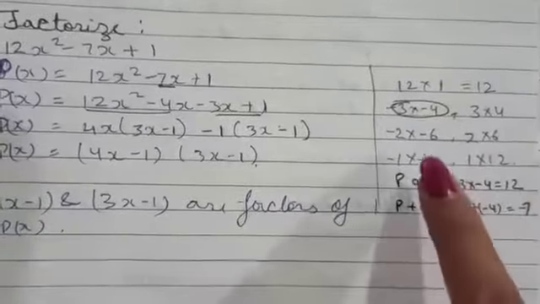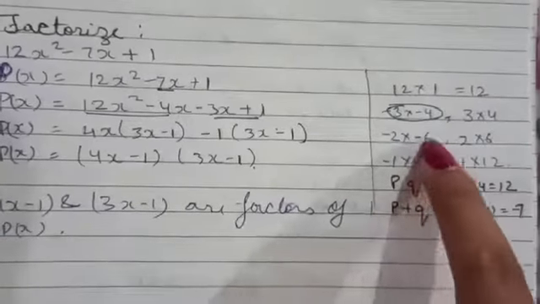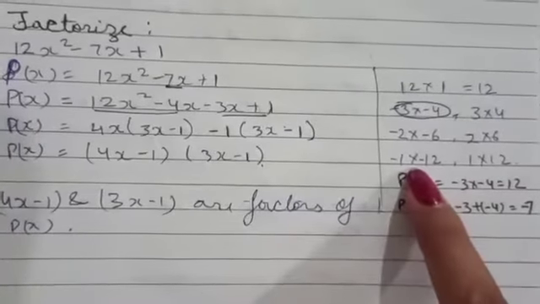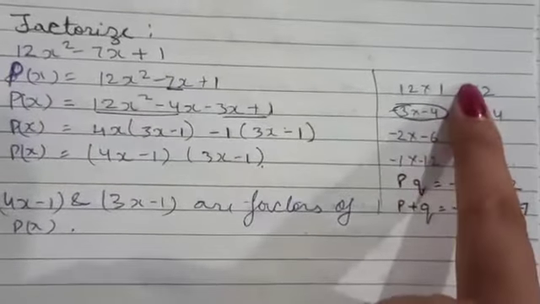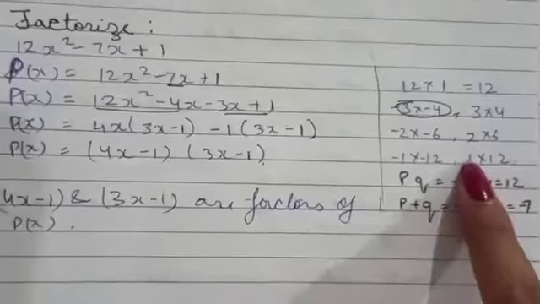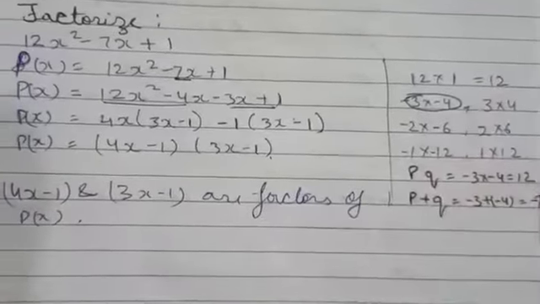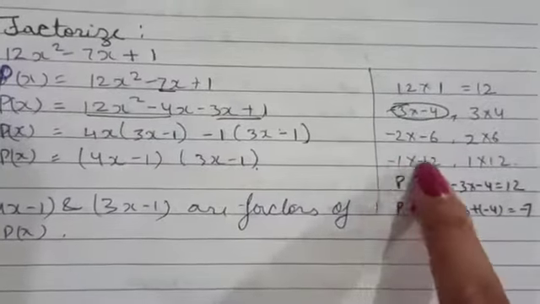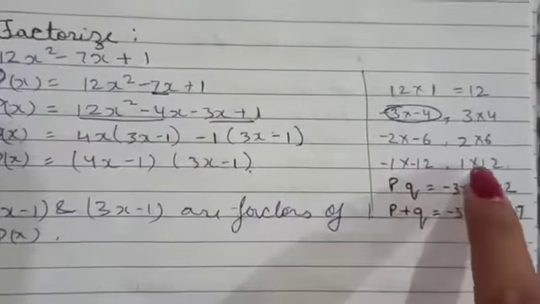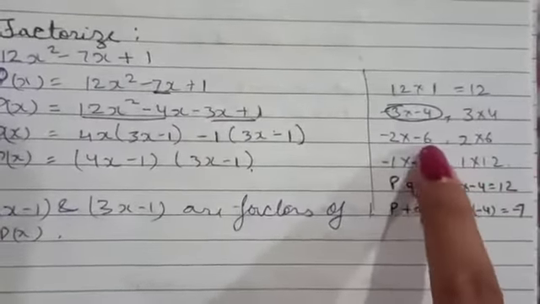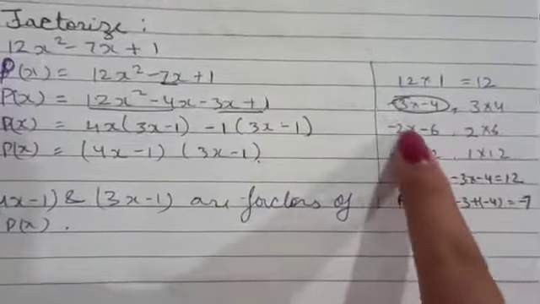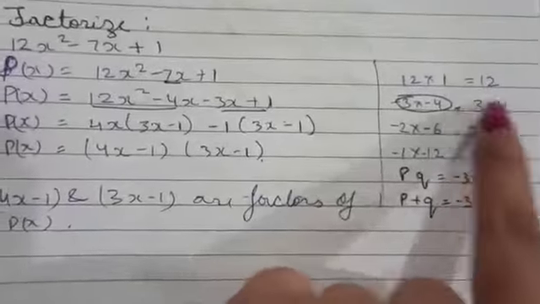Now other factors are minus 2 into minus 6 is also 12, 2 into 6 is also 12, minus 1 into minus 12 is also plus 12, and plus 1 into plus 12 is also 12. So these are the possible factors, like minus 1 plus 1, minus 12 plus 12, minus 2 plus 2, minus 6 plus 6.